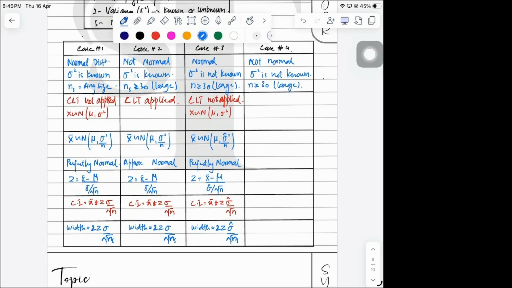And at that time, because it is not normal, we can use the CLT over here. CLT applied. And as usual, sigma is not known, so we will use the estimated value for that sigma.